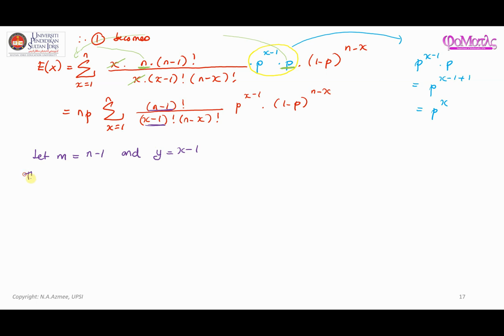Therefore, x is going to be no more x, because we're not going to have x anymore in this process here.